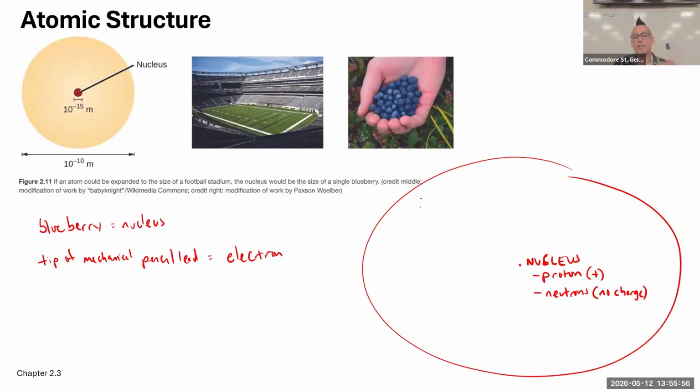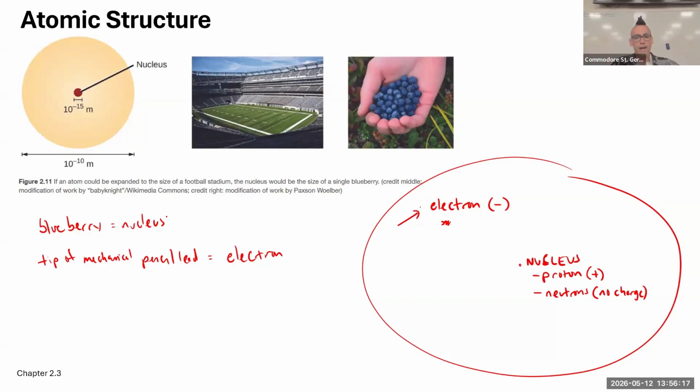Again, it's not exactly to scale, but we're trying to give it some sort of scale. Electrons are negatively charged. We're just going to put a little dot there, and I'll put an arrow so we can see it, but it's really, really small.